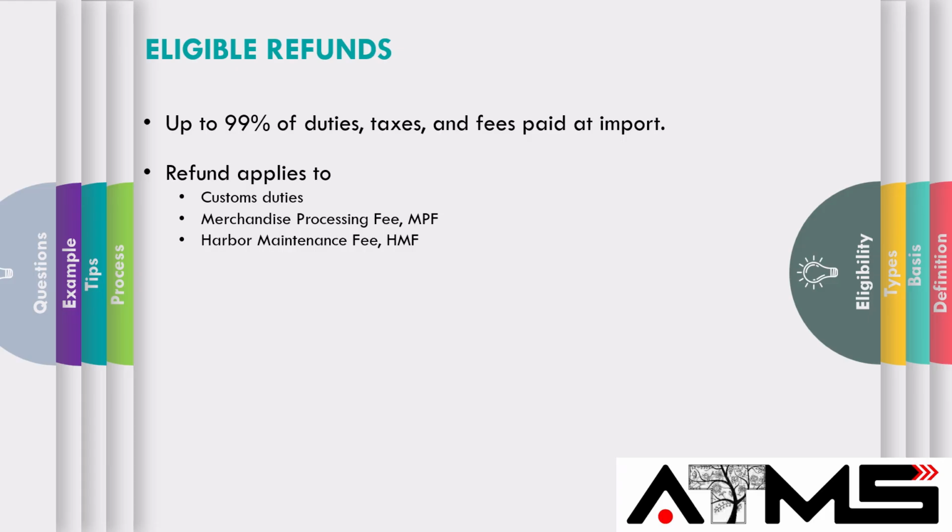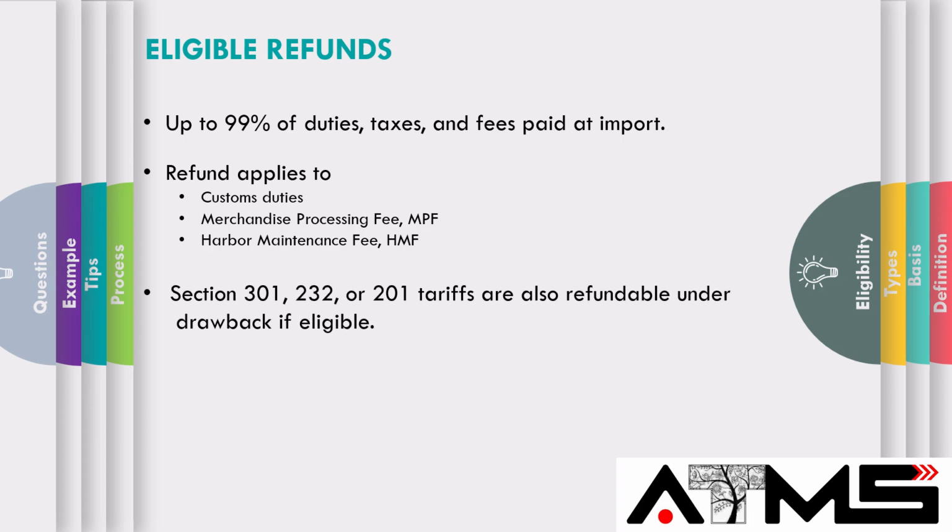We provide a link in the video description to our separate video explaining U.S. duties, merchandise processing fee, and harbor maintenance fee in more detail. In addition, special tariffs such as Section 301 tariffs on Chinese goods, steel and aluminum tariffs, and safeguard duties are also eligible for refund.